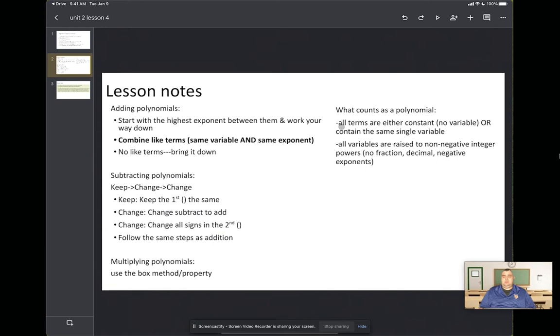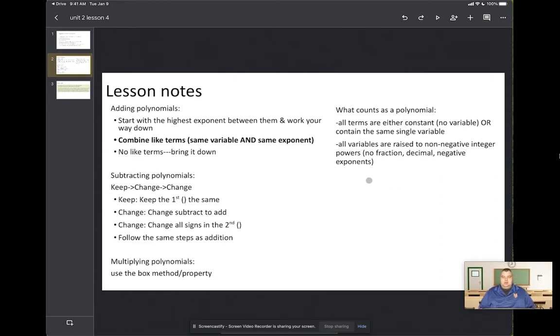All the terms are either constant, meaning a term that doesn't have a variable, or they contain the same single variable. So all the terms have either x in them or they're constant terms. If you have an expression that has more than one variable in it, it's a mathematical expression, but it's not a polynomial.